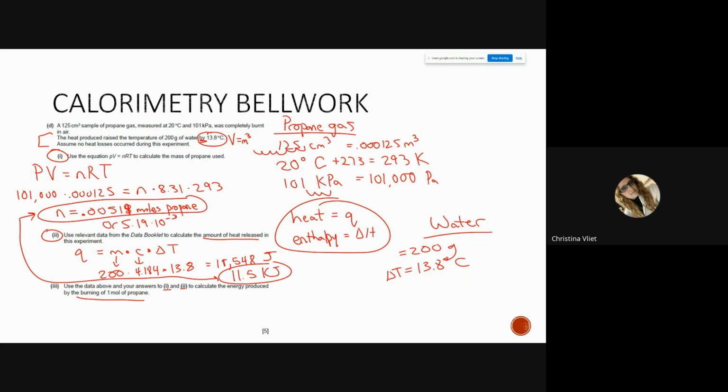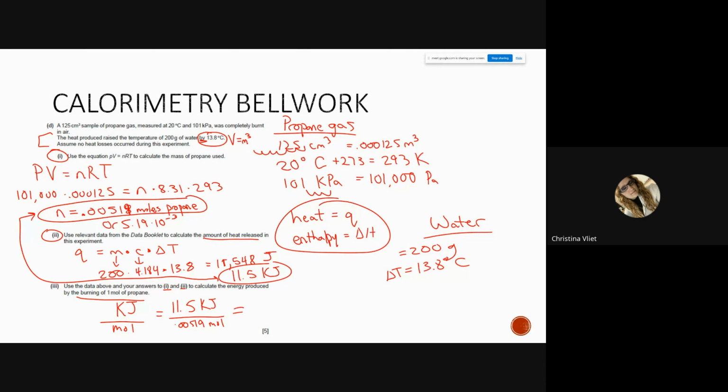Here's what I would do. You want the kilojoules per mole, right? That's what they're asking for. Do you have an amount of kilojoules? Do you have an amount of moles? Divide them. The number on the bottom will change to 1.